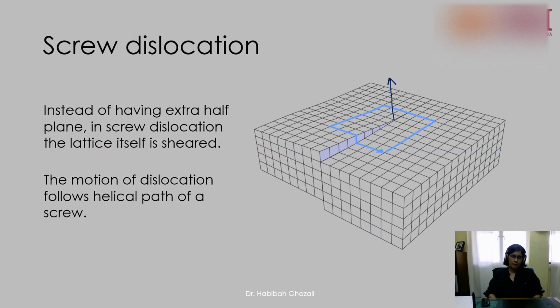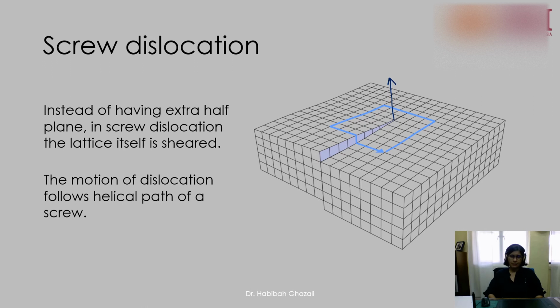Another type of dislocation, or line defect, is the screw dislocation. Instead of having an extra half plane in the crystal structure, the lattice itself is sheared. The dark blue line that you can see in this is the direction of the screw dislocation.